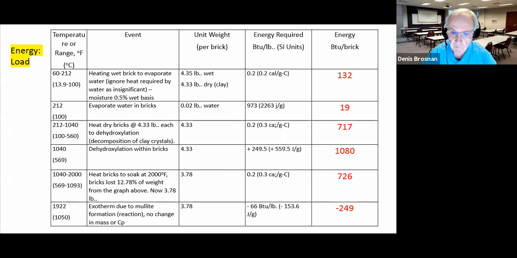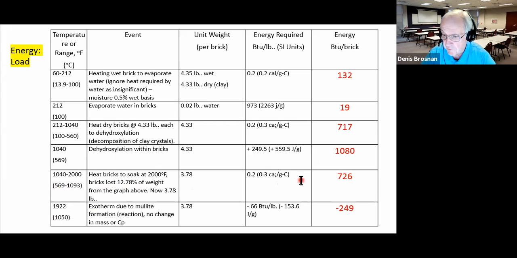In the next slide, we have a similar chart. It has all the energy that we had before in the previous chart, but here we are computing the energy for each increment of temperature or each event, like the evaporation of the water. That's the energy required. Heating up the bricks up to dehydroxylation, 717 BTUs per brick. Continuing on, for dehydroxylation, it took 1080 BTUs per brick to cause dehydroxylation to take place.